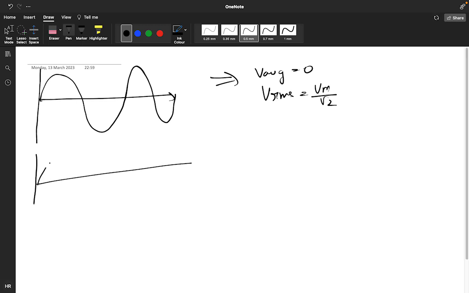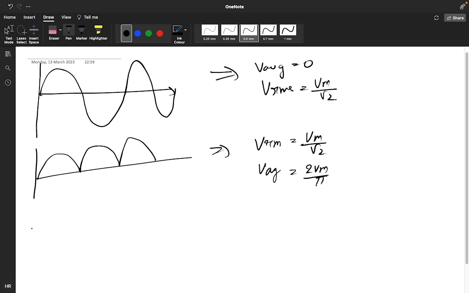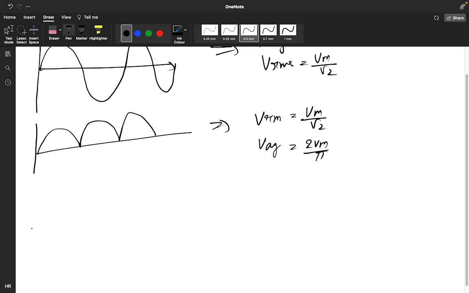For the full wave rectified signal, Vrms is Vm by root 2, and the average value is 2 Vm by pi. Okay?